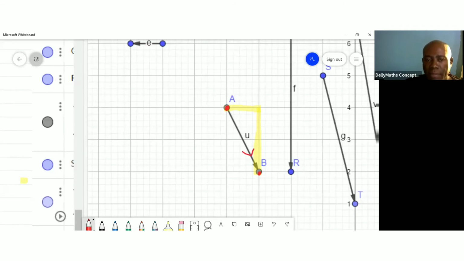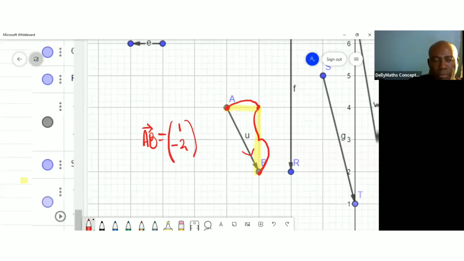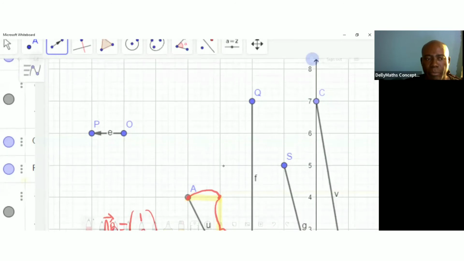So in order to move from A to B, if we have to move horizontally before we move vertically, then we would have moved 1 unit to the right and then 2 units down. So the vector AB is equal to 1, -2. So that's the component for the vector AB.